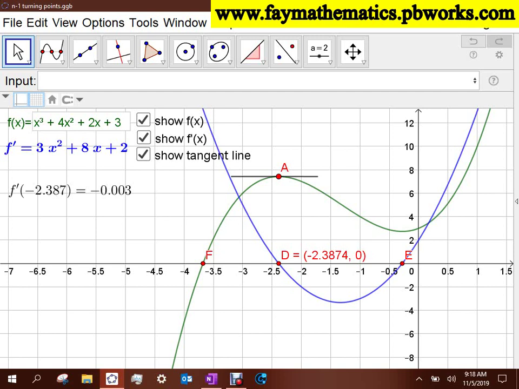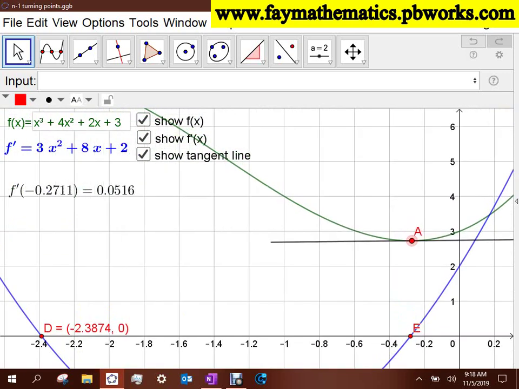Now, there's another one over here. Okay, as I move this tangent line, it's going to become 0 again, kind of right there. Let's move closer to 0. This thing's touchy. So close enough there.